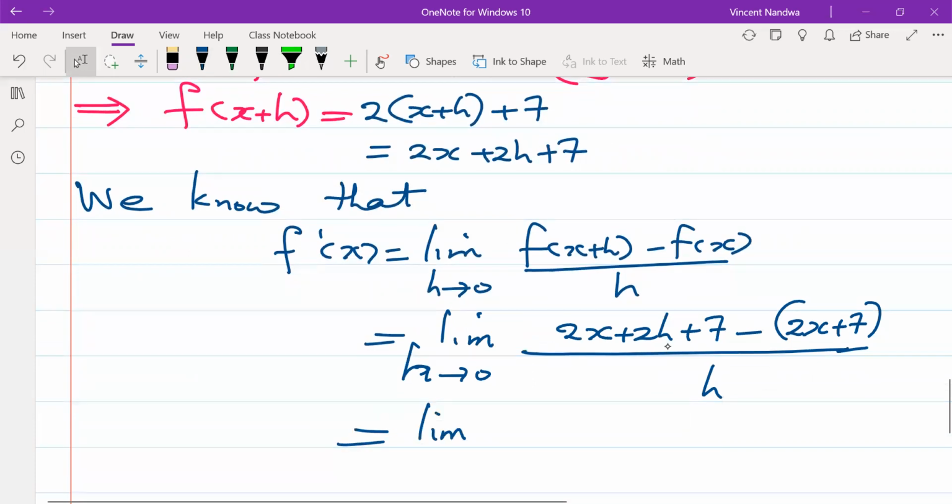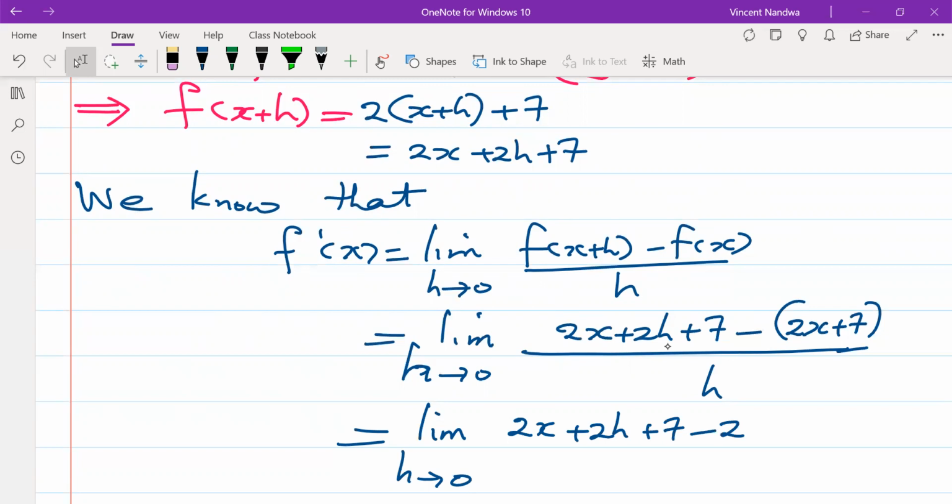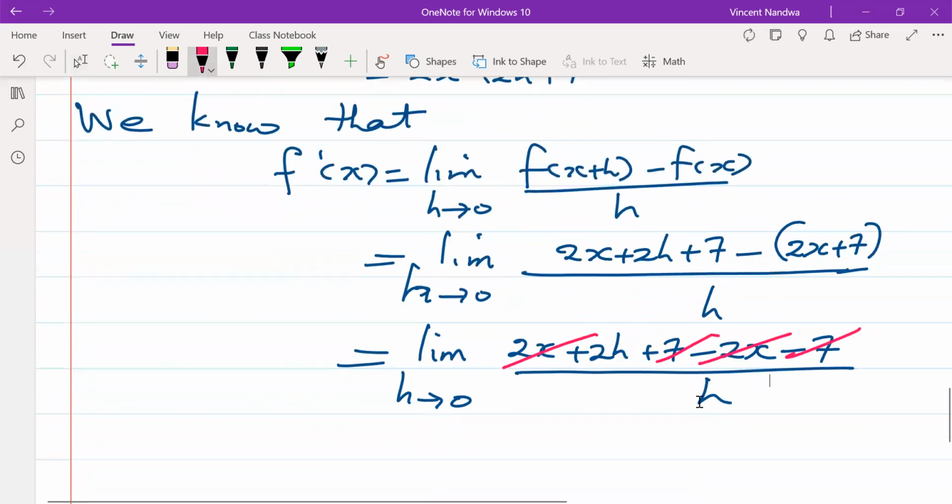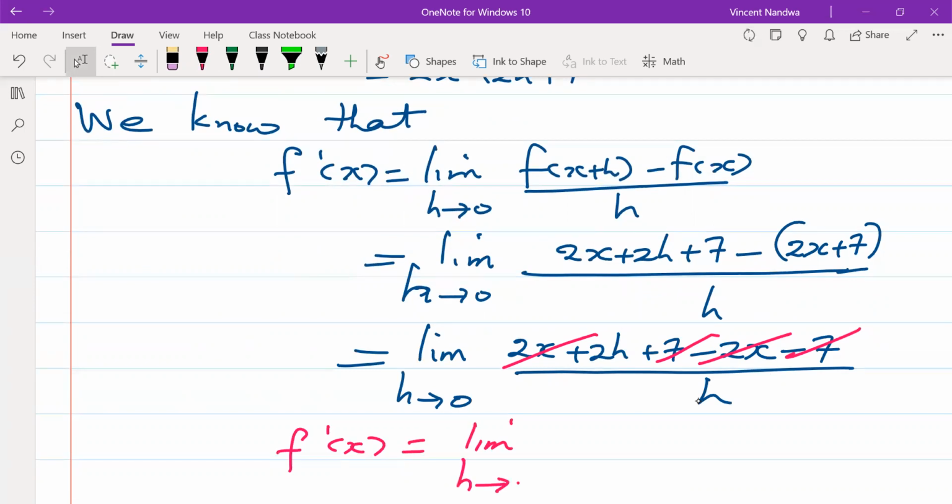Then the limit as h approaches 0 of 2x plus 2h plus 7 minus 2x minus 7 over h. Are there things which will cancel out? Yeah, 2x and 2x, and at the end, 7 and minus 7. So this gives us f prime of x is the limit as h approaches 0 of 2h over h.